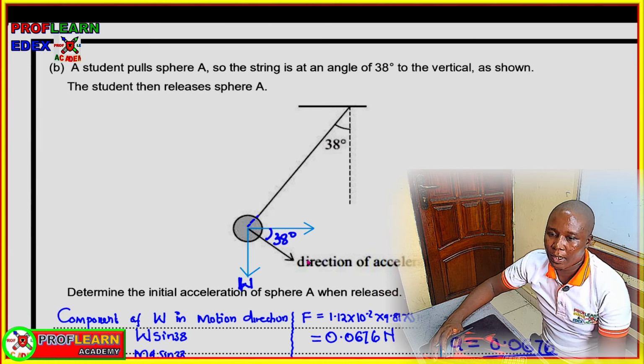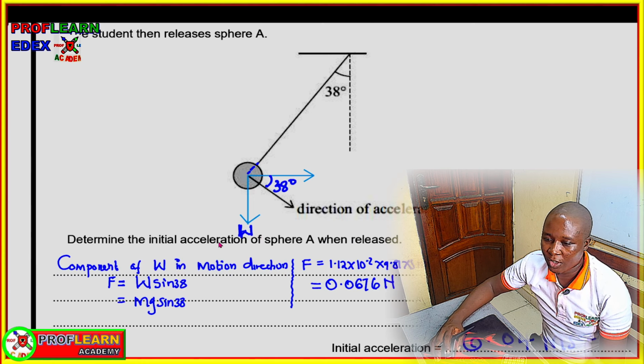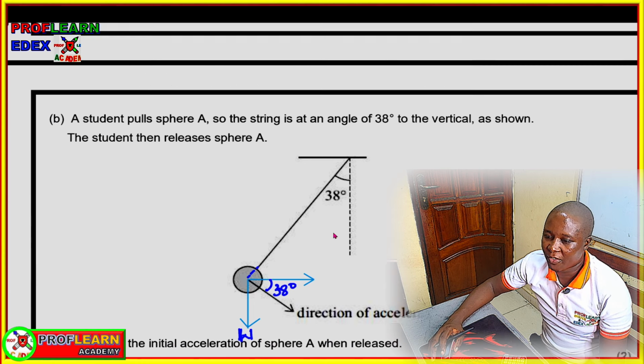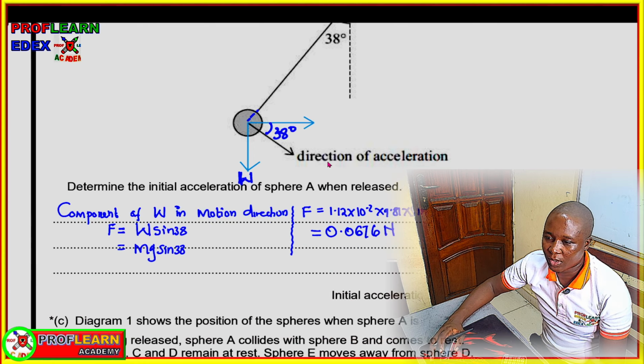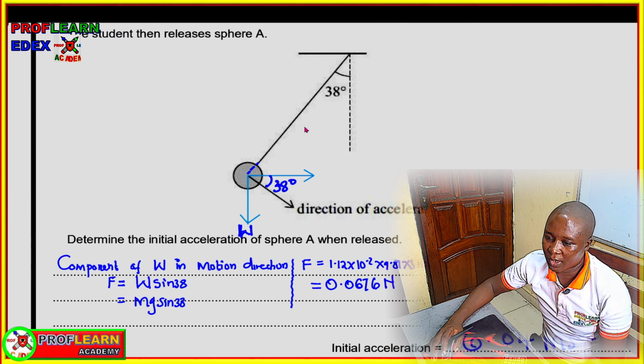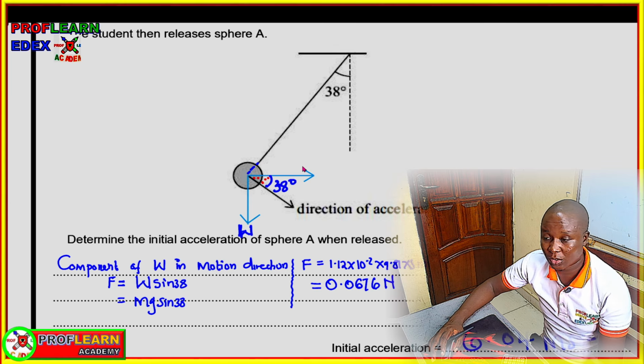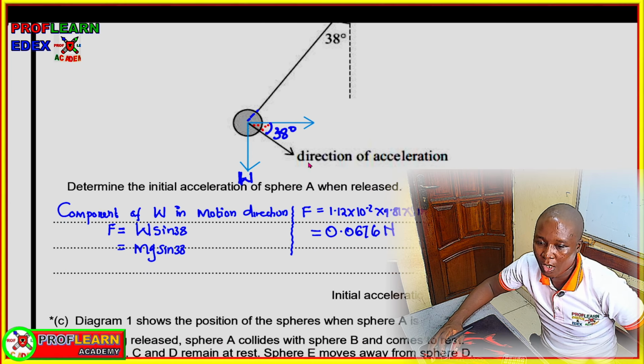And determine the initial acceleration of the sphere. Now, in order to find the initial acceleration of the sphere, you're going to realize that if this angle is 38, also this angle that we shall have here is going to be 38. That's just use of trigonometry.